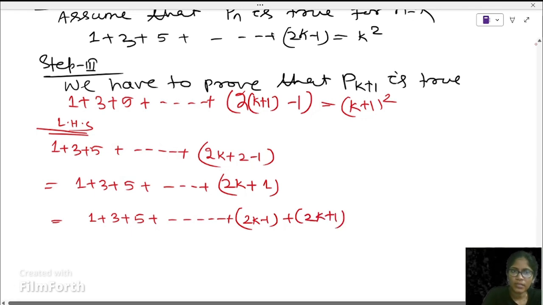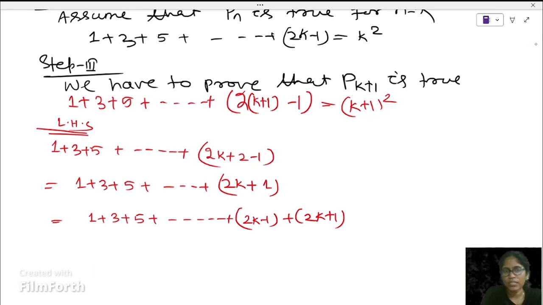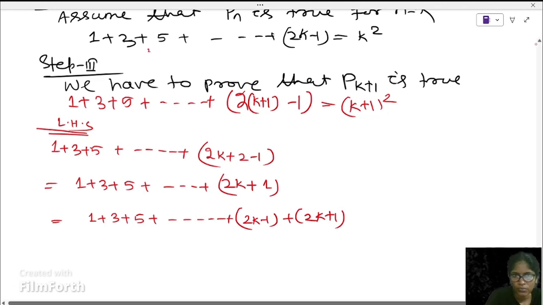Why? Because there is a difference of 2: 3 minus 1 is 2, 5 minus 3 is 2. So 2k minus 1 and 2k plus 1 differ by 2.